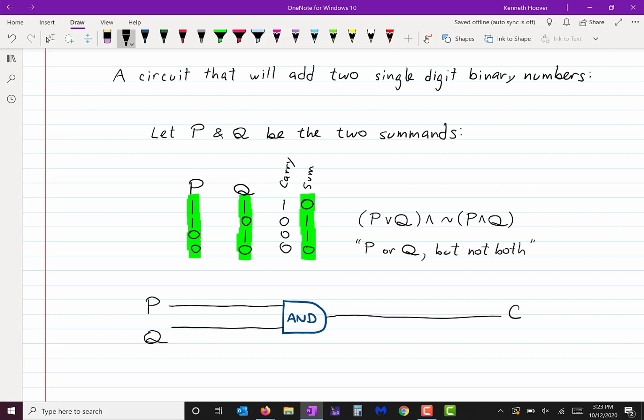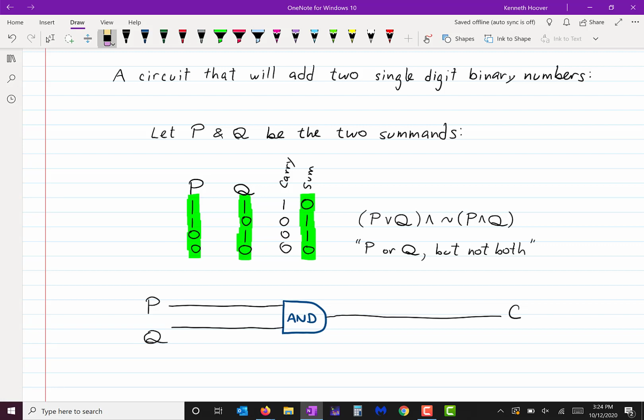Let's see if you agree with that. In the first row, I've got both, so that is turned off. In the second row, I've got P, so that's turned on. In the third row, we have Q, so that's turned on. And in the fourth row, we have neither one, so it's turned off.